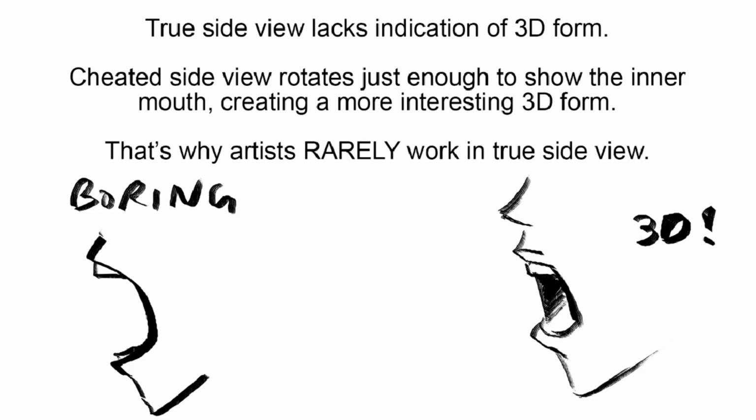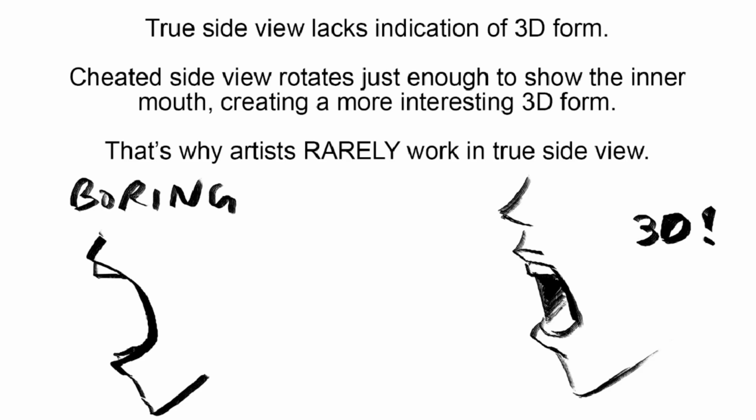This goes into a fundamental principle when animating and drawing the side view mouth. The true side view of your mouth lacks indication of 3D form. Again, it's just a void, an empty area. When you cheat the side view, you rotate just enough to show the inner of the mouth, creating a more interesting 3D form for you and your audience to look at.